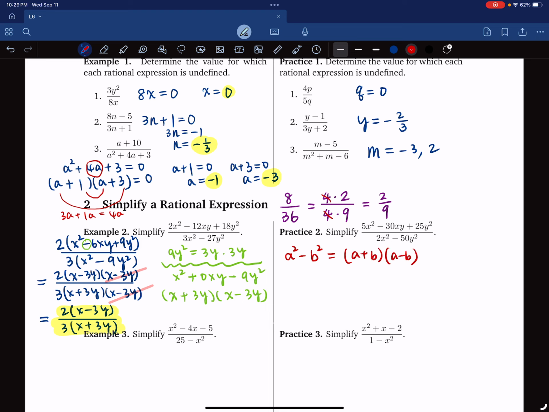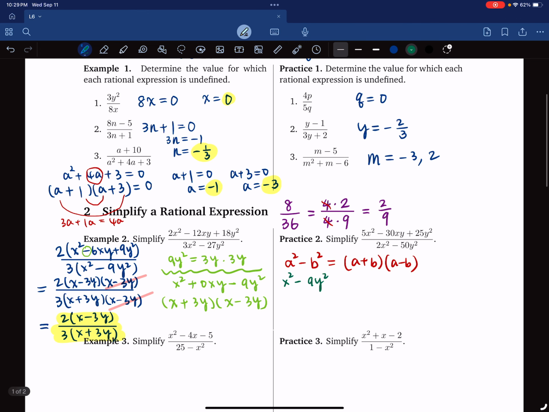And how do you use this formula to factor the expression that we were doing earlier? Let's write down the expression first. It's x squared minus 9y squared. The first thing you need to do is rewrite this expression so that it becomes a squared minus b squared. The thing I'm going to change is the 9y squared because x squared is already in the form of a squared.